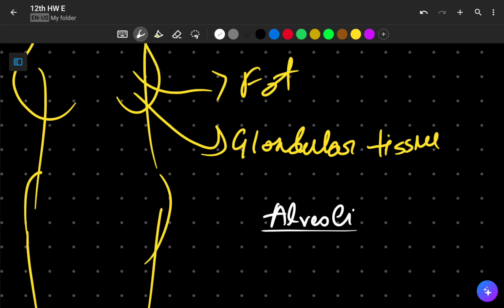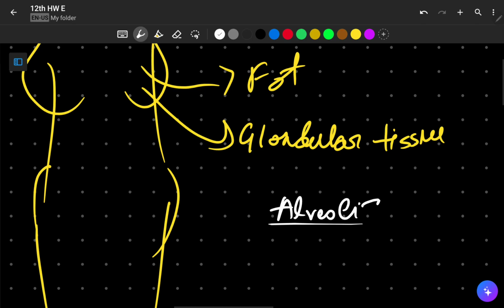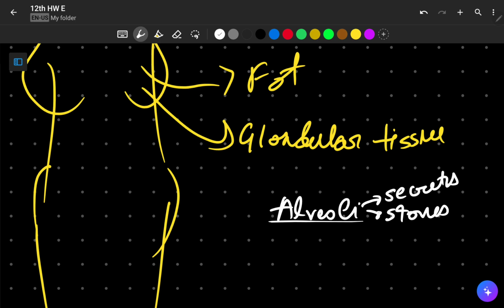This is the one that stores and secretes the milk, whereas something like prolactin would synthesize the milk, if I want to say. So this secretes and stores, whereas the other things synthesize. This is not the one synthesizing the milk, just to be clear.